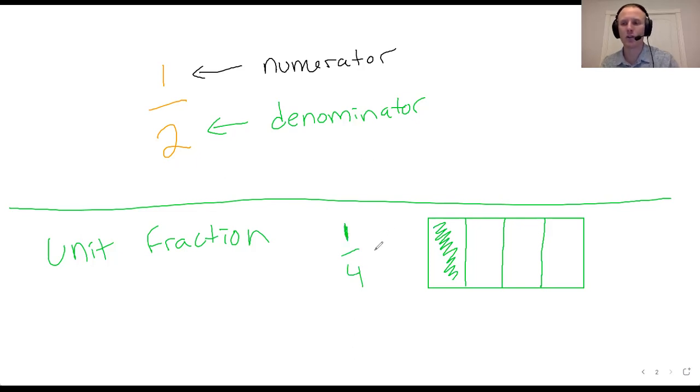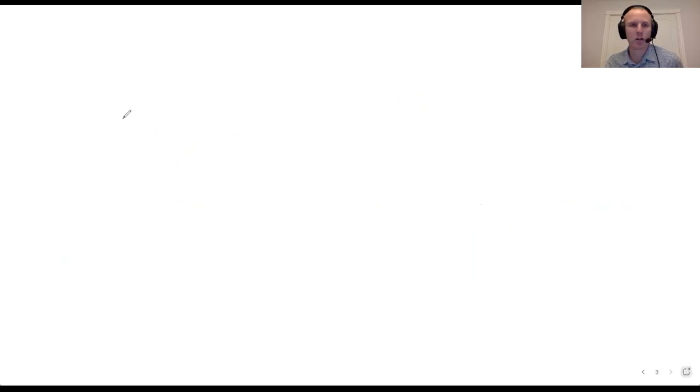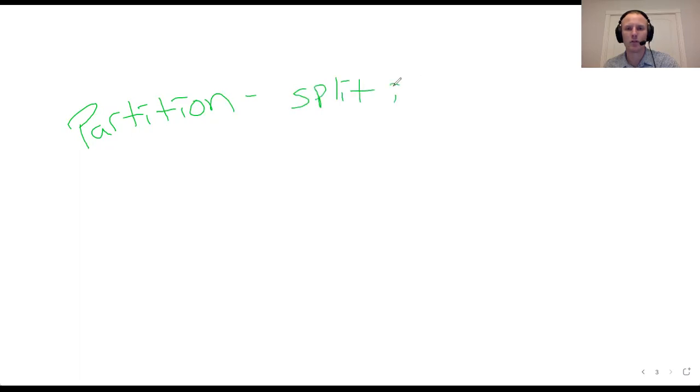So those are the major ones to get us going. Oh, sorry, there's one more. Partition. To partition means to split up into equal groups, or it means to split up, but in this case, to split up into equal groups. Split into equal parts.